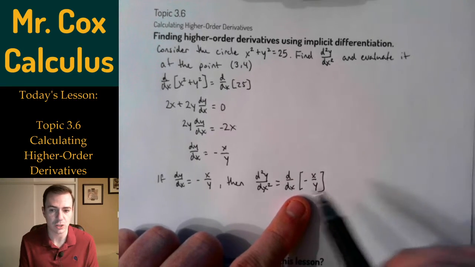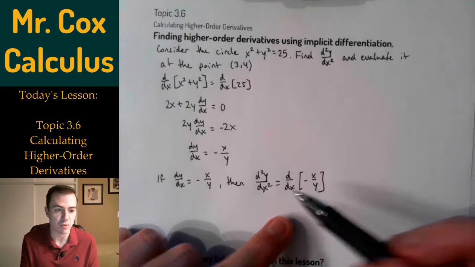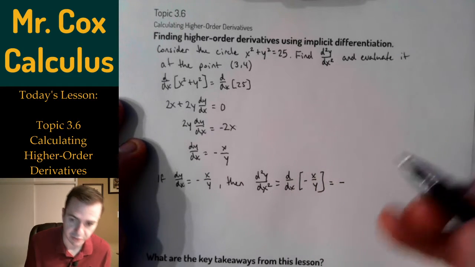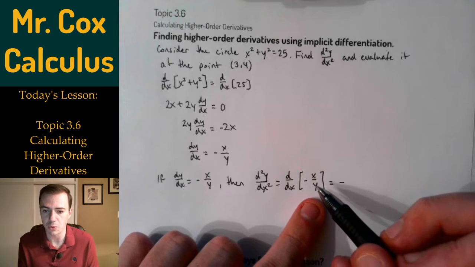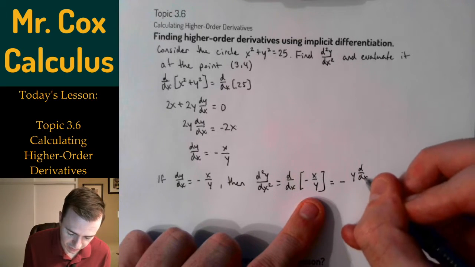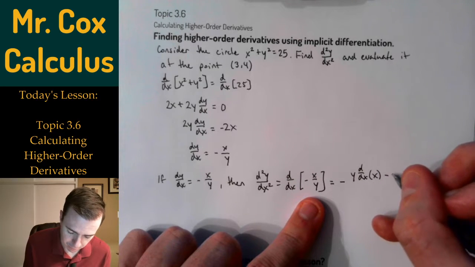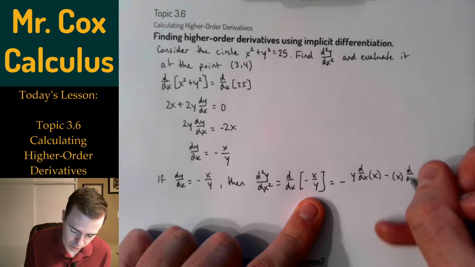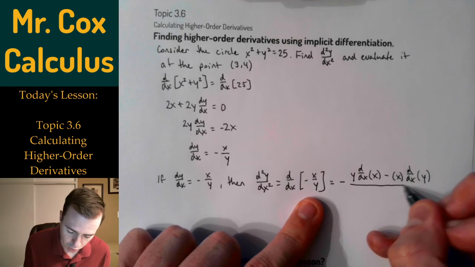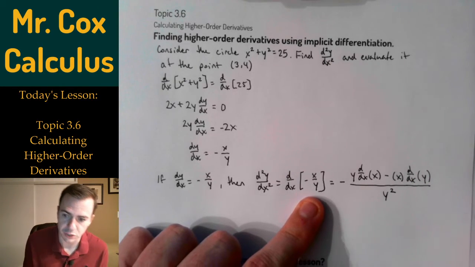One other thing I'm going to do, I'm going to take the negative and remove it out because I can do that with any constant multiple. So this equals negative. Now when I apply the quotient rule, it's going to be the denominator times the derivative of the numerator minus the numerator times the derivative of the denominator all over the denominator squared.